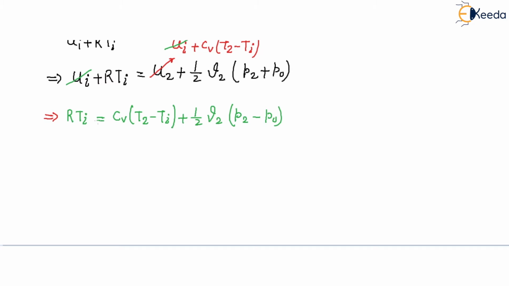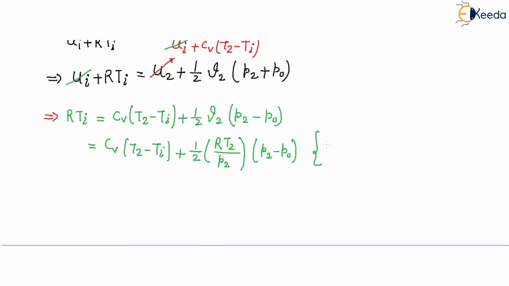Now what is that? Cv times T2 minus Ti plus half, and what is the specific volume? What is the specific volume? R T2 by P2, into P2 minus P0.